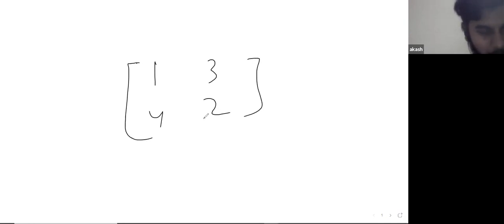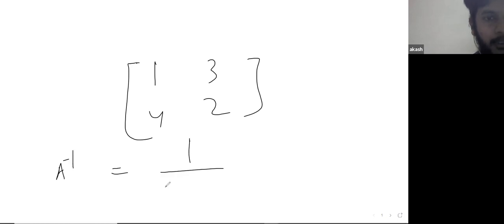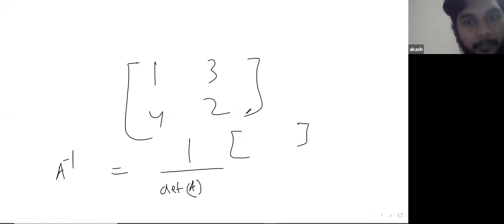If we have a matrix 1, 2, 3, 4, to find the inverse, it is 1 upon determinant A, and here I have to find the cofactor transpose like this: 4, minus 2, minus 3, 1. Do you remember? Or you want me to revise it step by step?